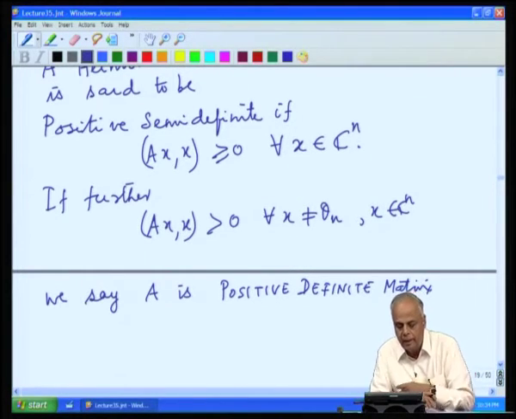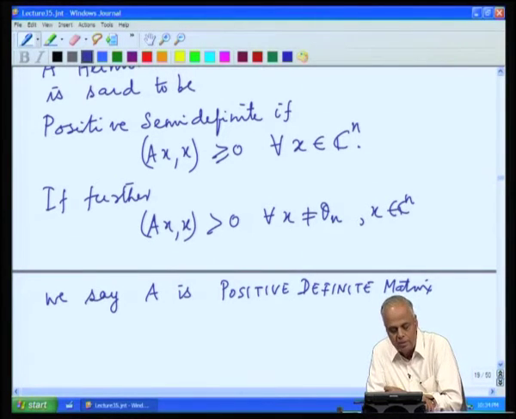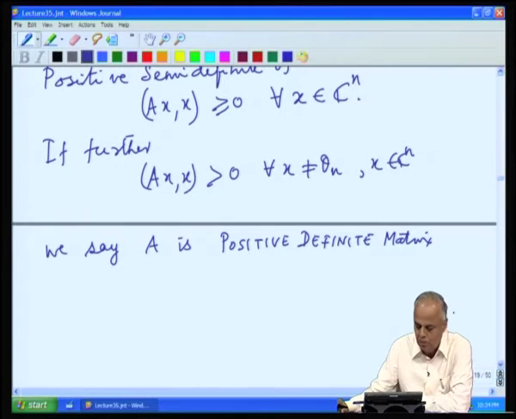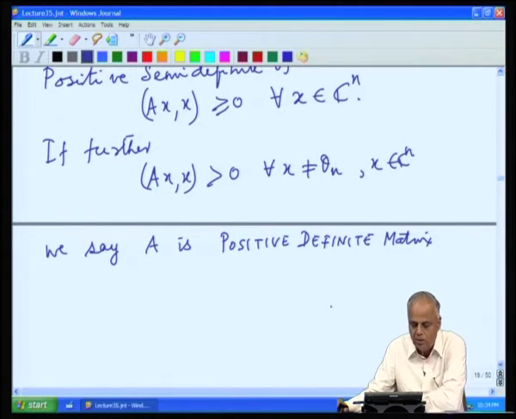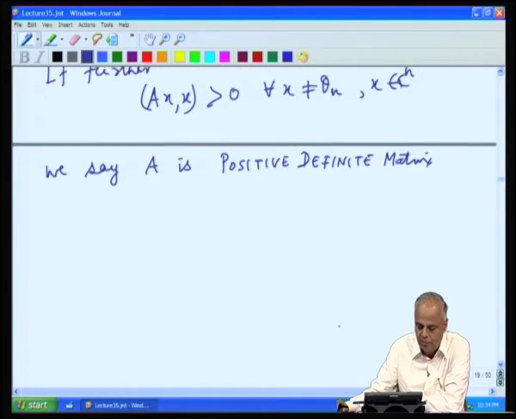Analogously, we can define negative semi definite by replacing greater than or equal to 0 by less than or equal to 0 and negative definite by replacing greater than 0 by less than 0 above. So, we have the notions of positive semi definite matrices and positive definite matrices.